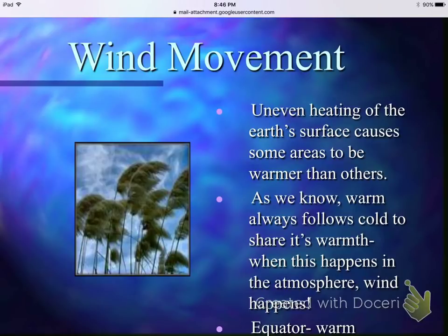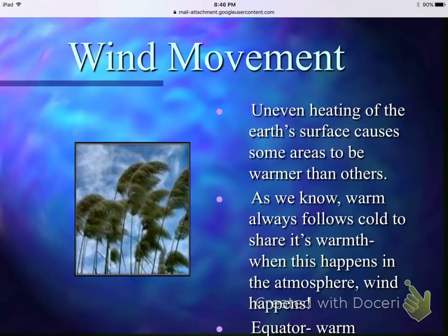Now we get to talk about wind and what exactly causes wind. So wind is defined as the uneven heating of the Earth's surface, and this happens because some areas are going to be warmer than others. So when we have areas by the equator, all of those areas are getting hit pretty directly by the sun. But in other areas, like at the poles, where it's not getting that direct sunlight, it's going to be a lot colder in those areas.